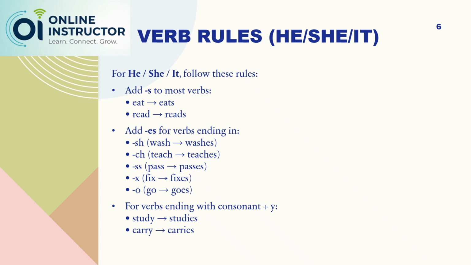Because the y can't stay when we add es. For example, study ends with y, so the y becomes i and we also add es. Study becomes studies. And another example, carry ends with r, y, so it becomes carries.